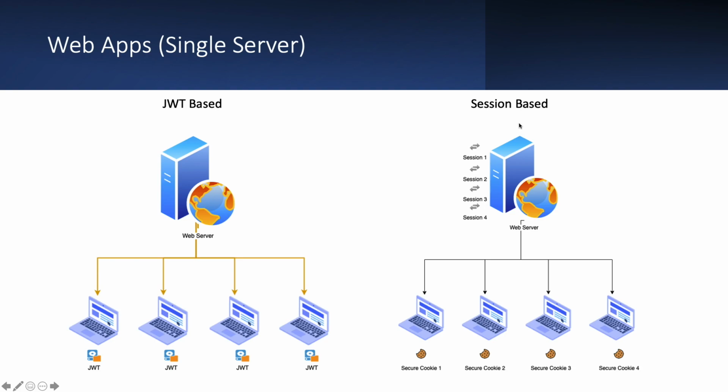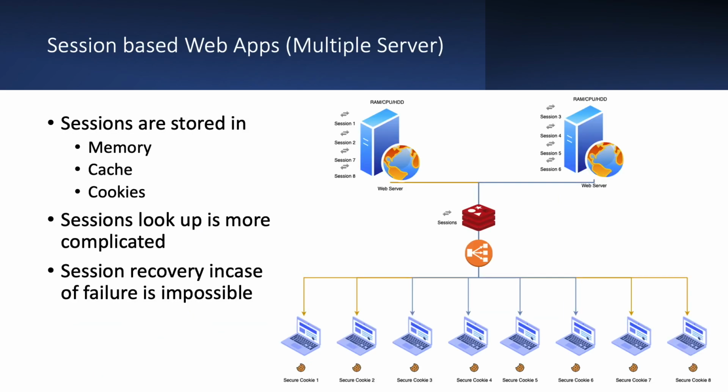Similarly here we have a session based one, where the client also sends the request to the server, the sessions are saved in memory, and then these are sent back to the client. So we can see it's a very simple approach when it comes to a single server or a small application. There's not much difference between them. The main difference comes when we expand this architecture.